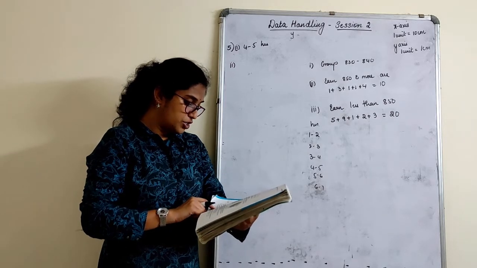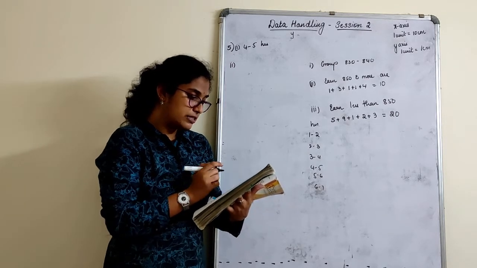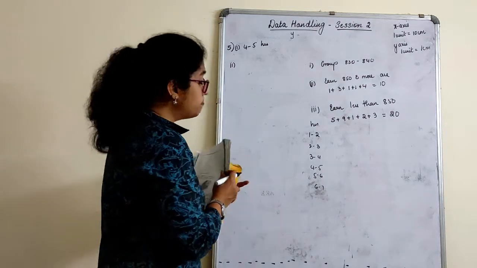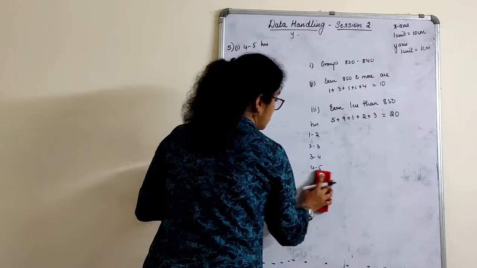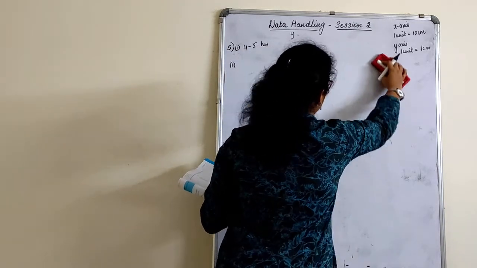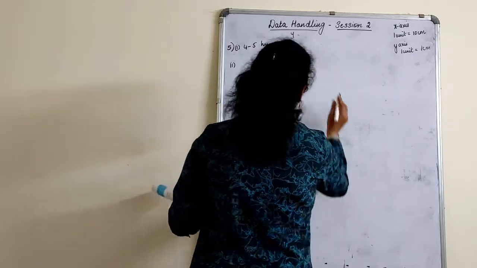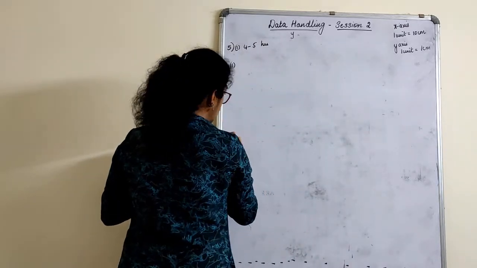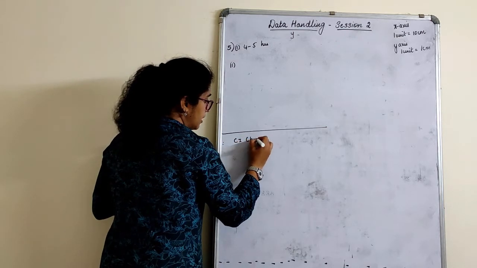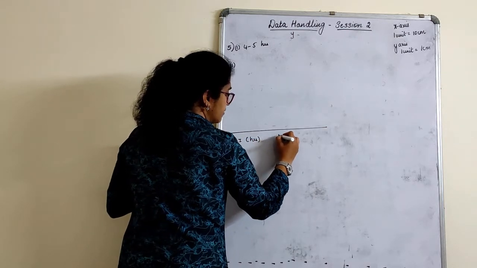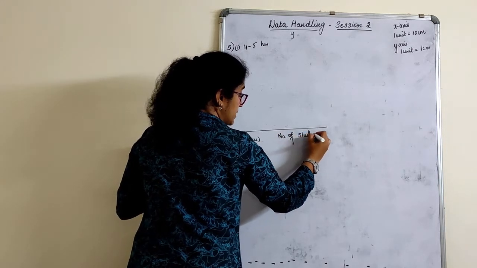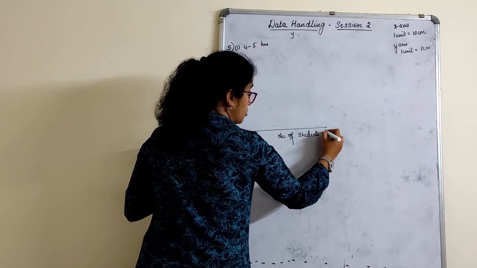How many students watch TV for less than 4 hours? Now less than 4 hours means how many all will come? To not create confusion, I'll tell you what you can do best here. You see the graph, right? You make a table. First we'll make a table: class interval in terms of hours and number of students, frequency. This is best, I'll tell you. Do this, you will not go wrong.